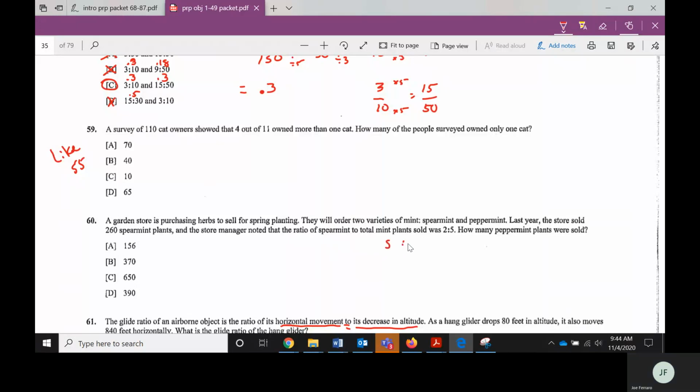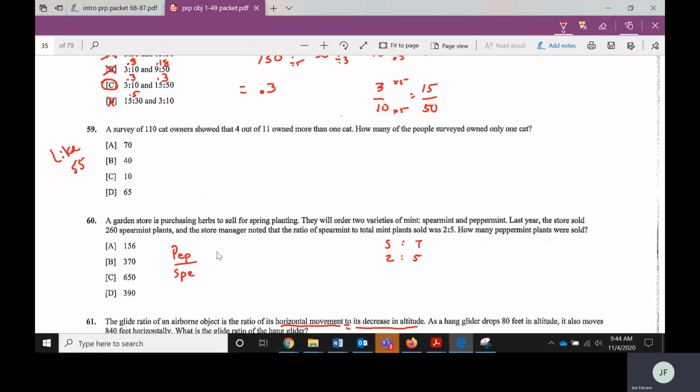Spearmint to total is 2 to 5. Now we could use those numbers, or we might have to figure something else. It says how many peppermint plants were sold. So we're looking for peppermint plants. And how many peppermint plants were sold when what? Well, when there were 260 spearmint plants.